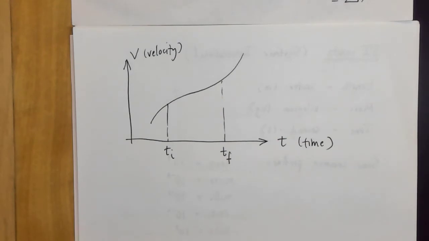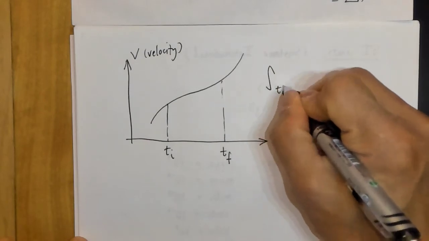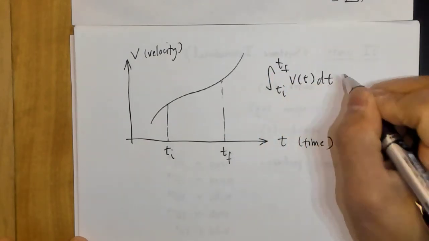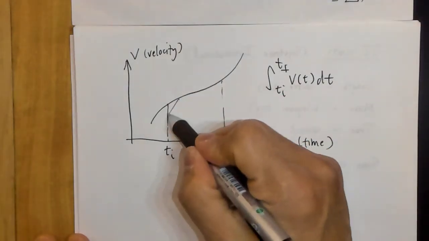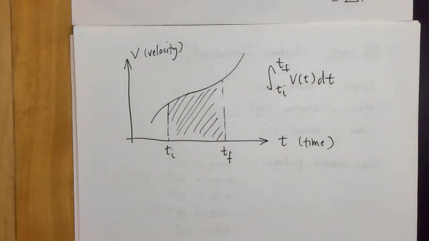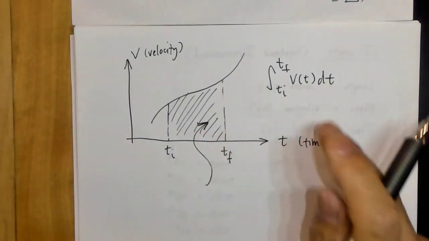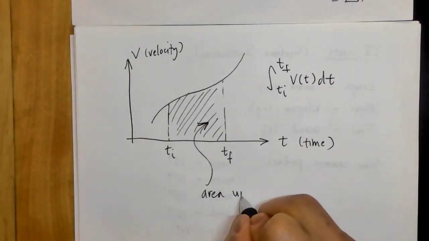If I do this integral from ti to tf of v of t dt, in terms of graphs, this integral will be the area under this curve. That's what integrals are doing. So this area here is that integral.